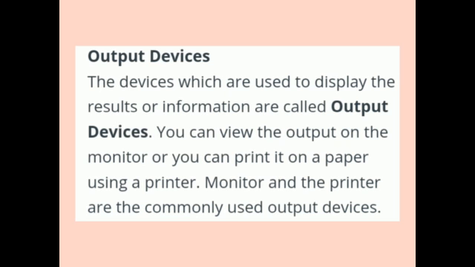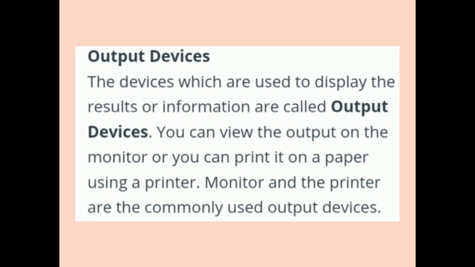Next we come across output devices. The devices which are used to display the results or information are called output devices. You can view the output on the monitor or you can print it on paper using a printer. Monitor and printer are the commonly used output devices.